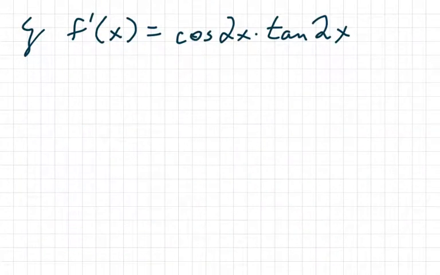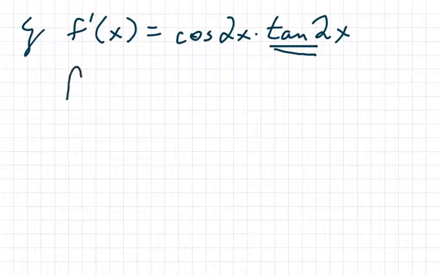Here's another situation where I can already see an issue. Well, we know some identities, and you can always apply identities if you want to make something easier.